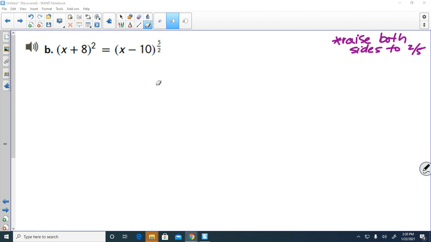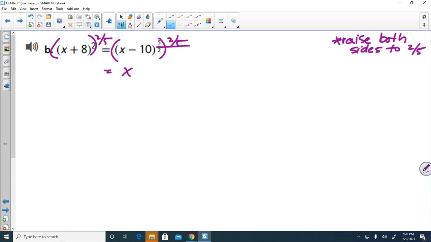So, I'm pretty sure that this problem is a typo for this level of math class. So if you raise both sides to the 2/5, it'll cancel out on the right side, but then you've got x minus 10 here, and you have x plus 8 raised to the 4/5.